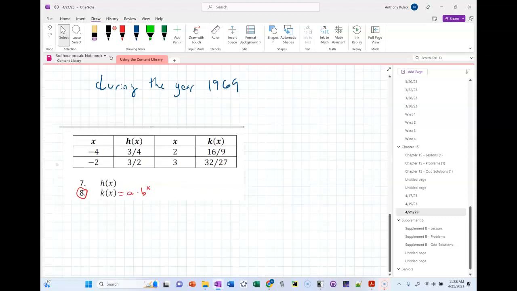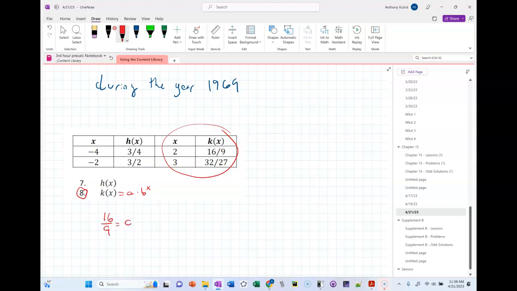Since neither of the x's is 0, I have to set up a system. So I'll say 16 over 9 is equal to a times b to the second, and then 32 over 27 equals a times b to the third. And that's going to really be my system.